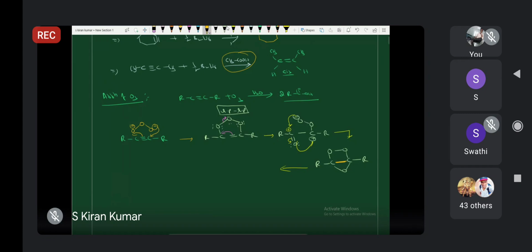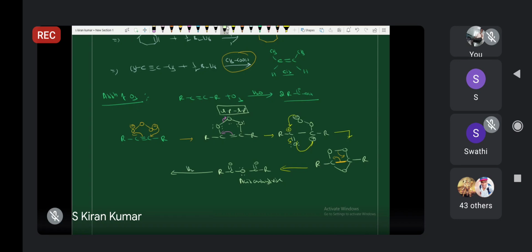Now here the ring breaks. How does the ring breakage take place? When this CC bond breaks like this, what compound are we getting? R, C double bond O, next to O, C double bond O, R. This is the acid anhydride.